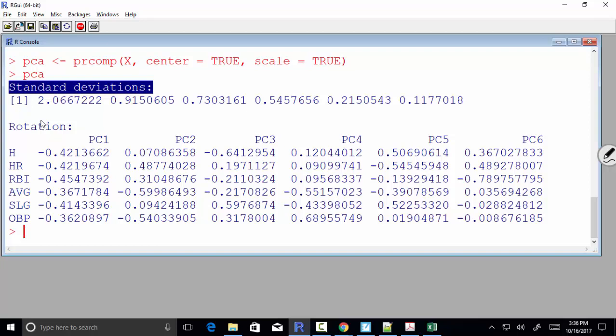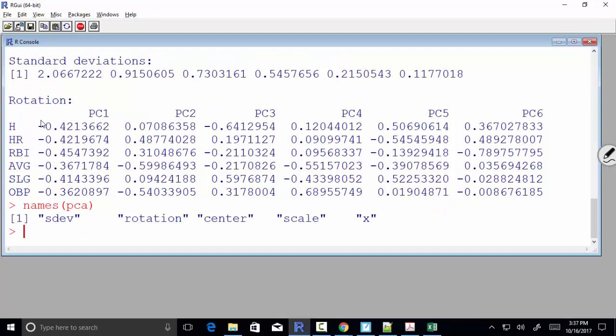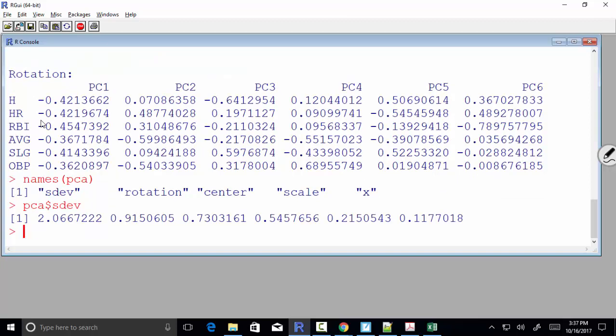What is the variance of PC1? What is the variance of PC2? And specifically, what proportion of variance can be allocated to each of the PCs? So here, pca$sdev are the standard deviations. If I square the standard deviations, that'll be the eigenvalues.